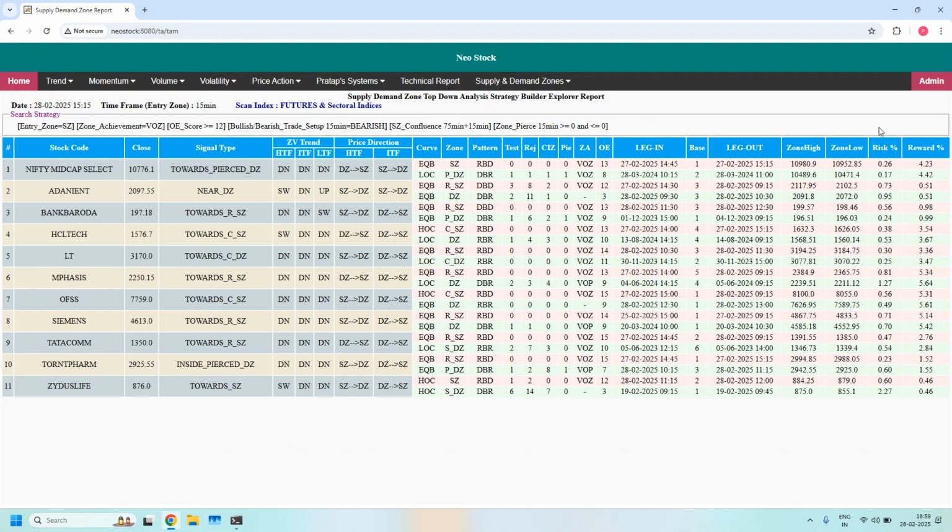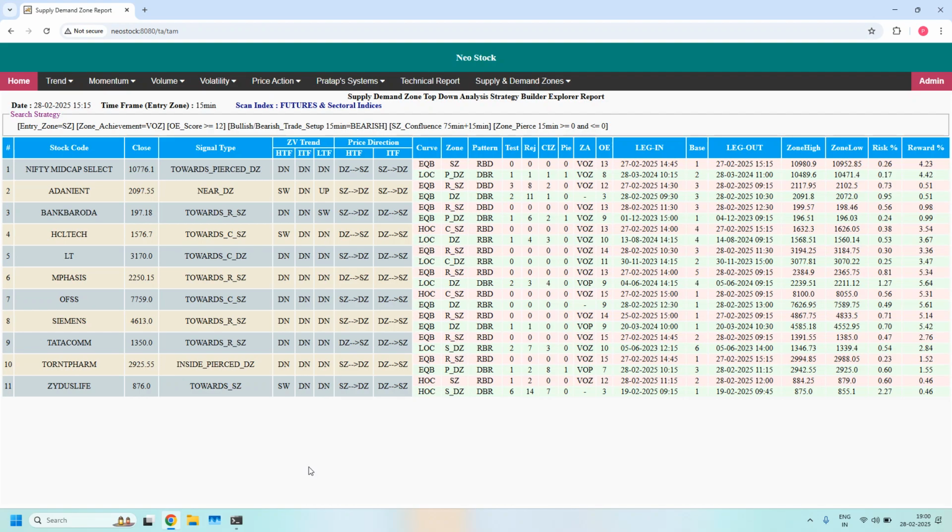With this filter, we got 11 stocks. In these 11 stocks, these 15 minutes supply zones are overlapped with 75 minutes supply zone. And the 75 minutes trend, ITF, is down in all these stocks.